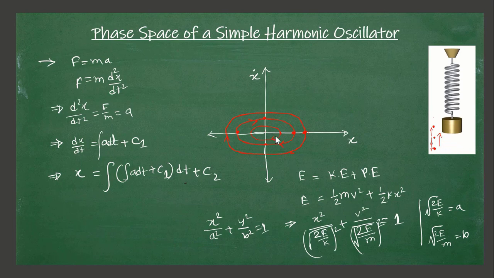So if you know that a simple harmonic oscillator at any given time, its state is represented by this point, then you can find out the trajectory that it will traverse throughout the course of time. Okay, so you will know all the possible positions and velocities of that motion.